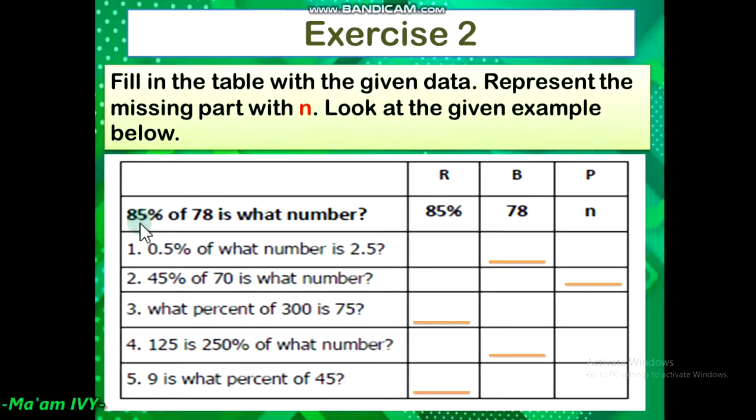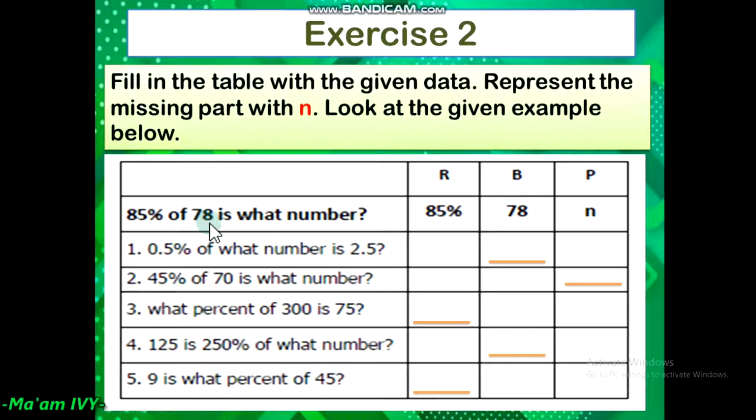So we have here your example. 85% of 78 is what number? In this statement, we have our rate, which is 85%. We identify our rate because it has the percent sign. So we put 85% under the column for R or rate. Next, what is 78?